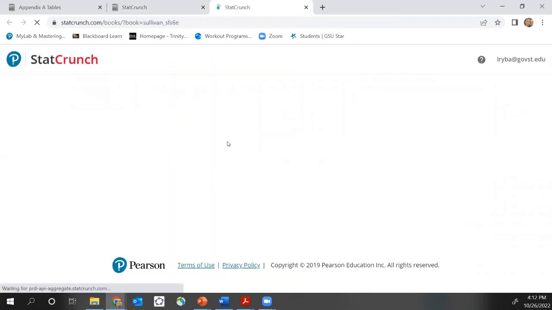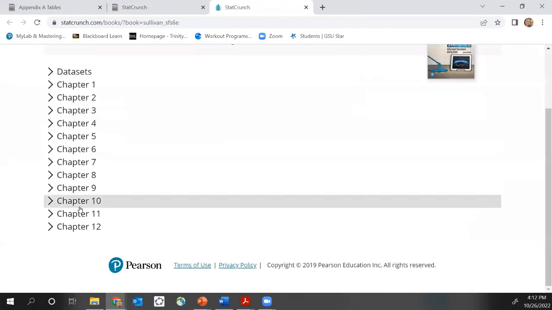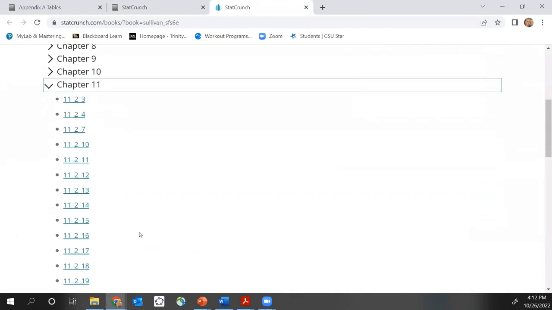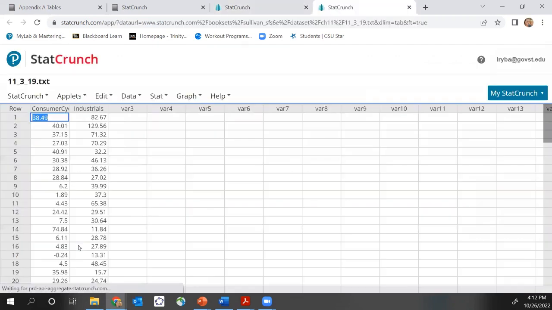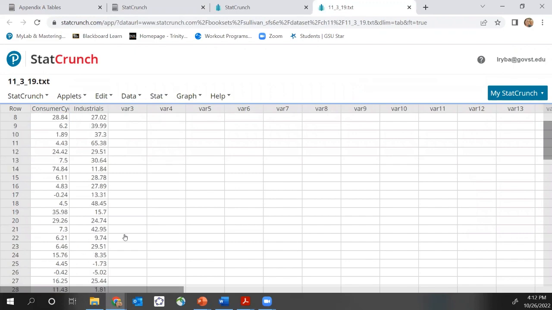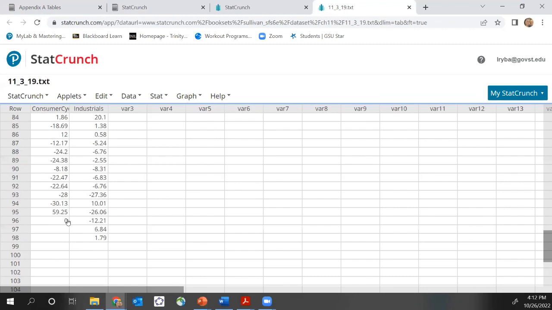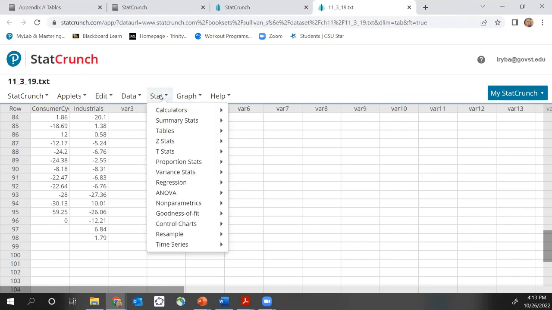Data sets from textbook. I want 11.319. So chapter 11, 319. Here's all my consumer cyclicals, and here's my industrials. We have a bunch of them. We have 96 here and 98 here. Totally different data sets.